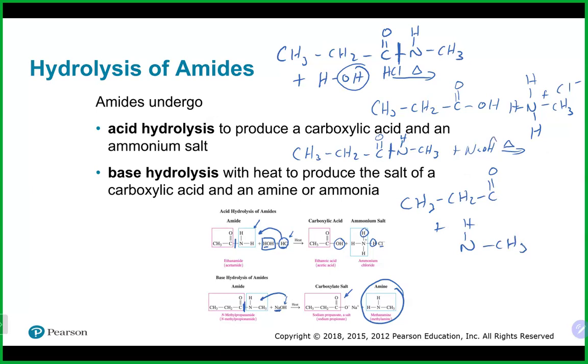Remember that we're going to take the H, if you want to think about it that way, and that will get us back our amine in this case. And what will be left is our oxygen and our sodium, and we'll get our carboxylic acid salt. So again, acid hydrolysis of amides gets you back the carboxylic acid completed and an ammonium salt. The base hydrolysis gets you back a carboxylic acid salt, and you get your amine back, basically, or ammonia back completed. Any question on those two reactions?